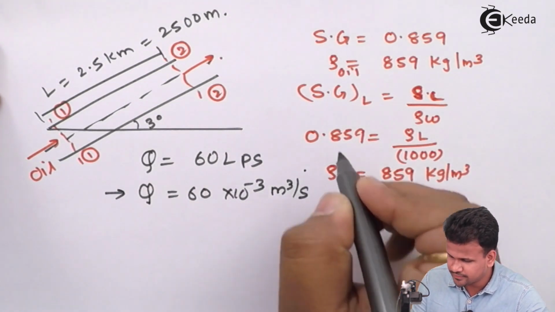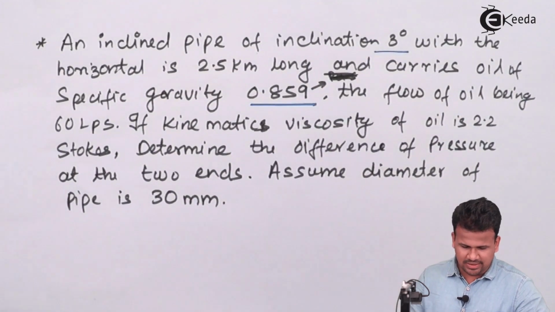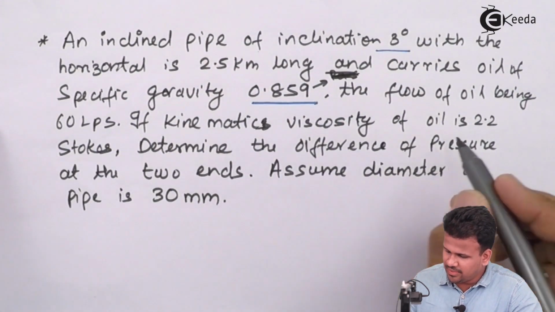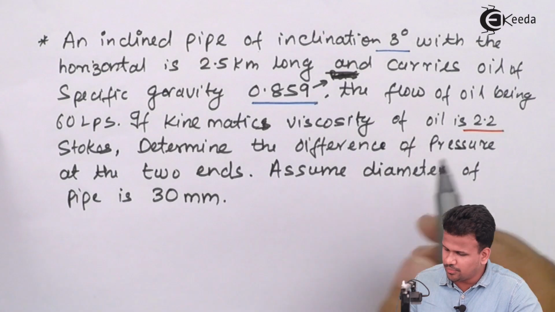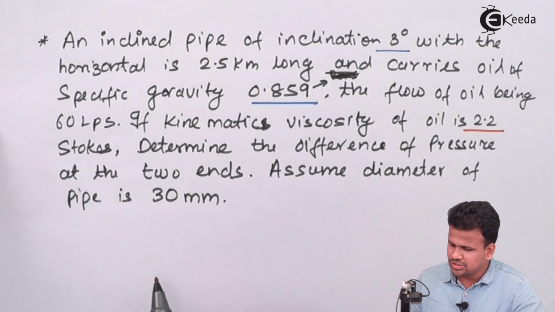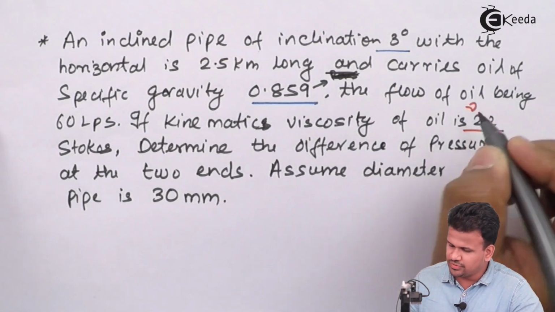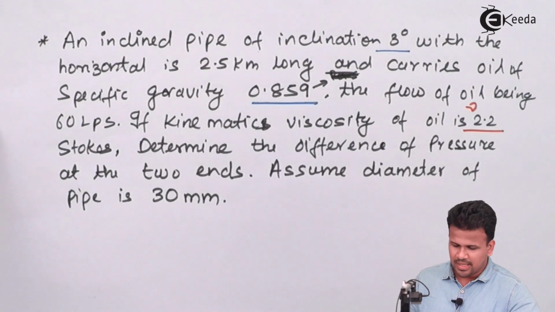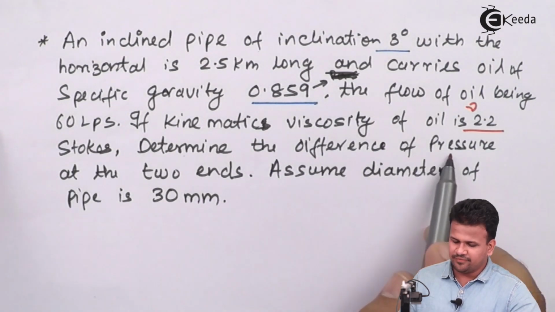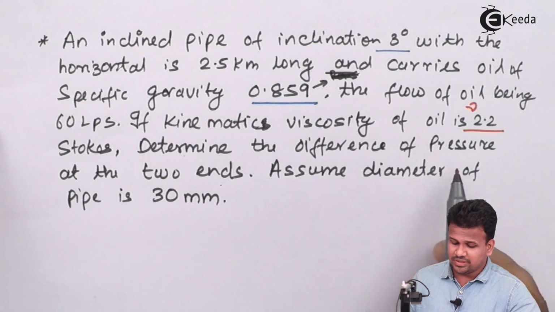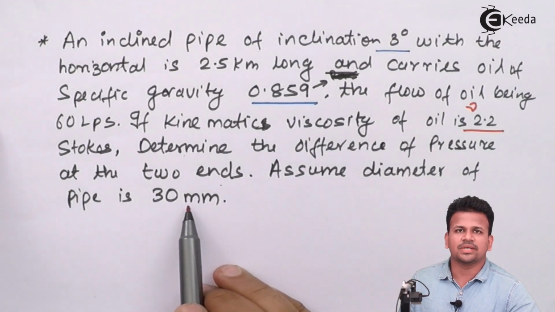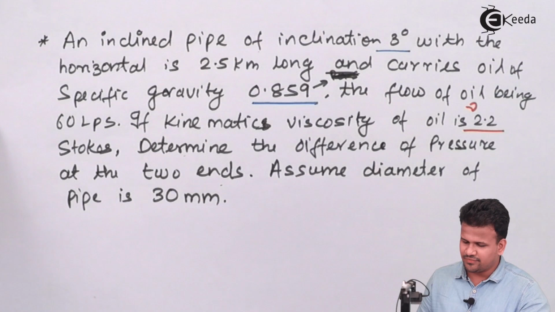Next thing which they have given to you is the kinematic viscosity, 0.2 Stokes. So that is the value of nu, and determine the pressure difference between the two ends assuming the diameter of the pipe is 30 mm.